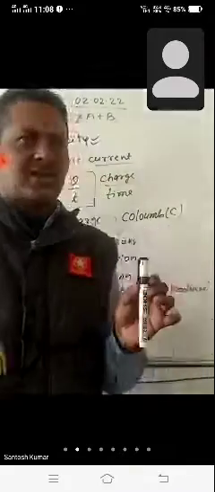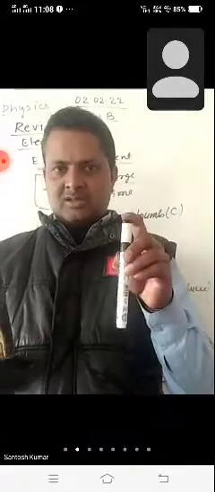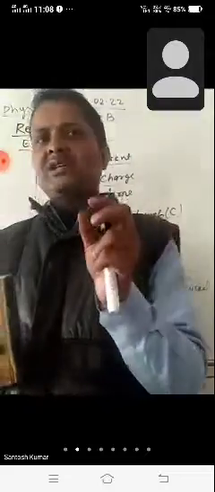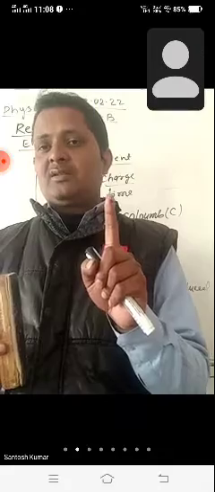You will say, sir, if it is charged, then which type of charge is present on the body? Because at a time, a body possesses either positive charge or negative charge. Take care. So if this body has positive charge, then which type of charge will be produced on another body? Can you tell me?